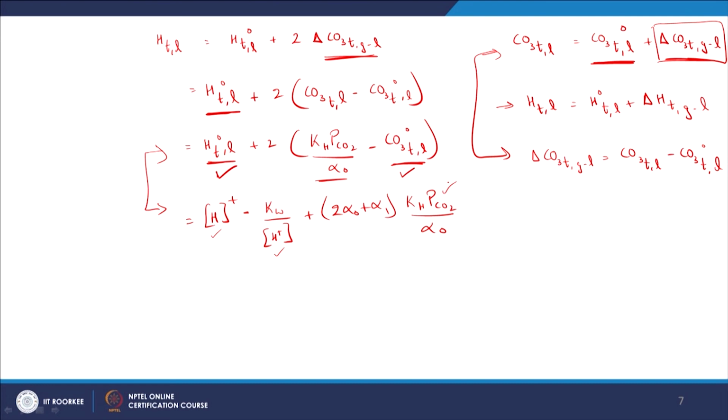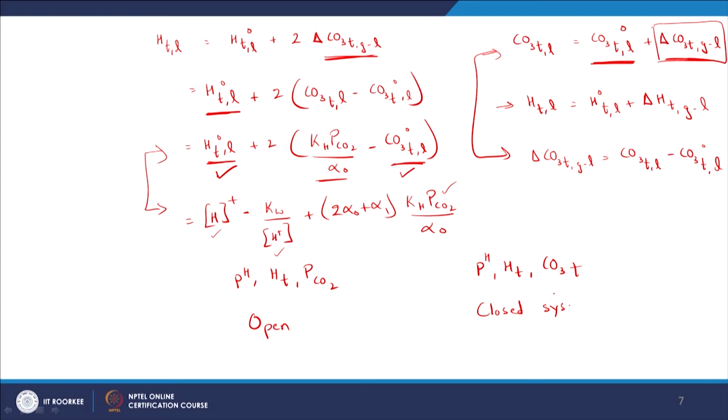And thus, let us say we can identify the relevant variables. What are they here? They are going to be pH, H total and partial pressure of CO2. This is the one in the open system, but what was it in the closed system? It was pH, H total and CO3 total, and this was in a closed system, right.